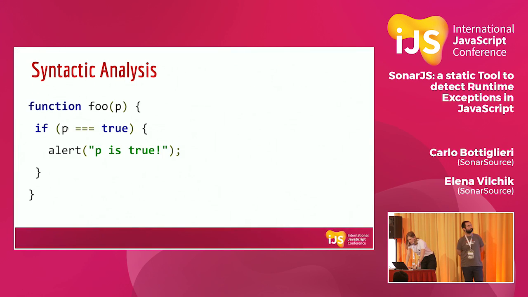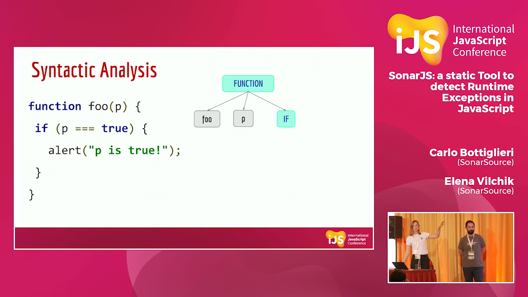Next step is syntactic analysis. This is what Carlo was basically talking about when he was talking about which parser to choose, because the output of the parser is the syntax tree. A syntax tree is just another way to represent your code in a structural way, to show the relationship between different words, different tokens in your code. So here, for example, we have a function.